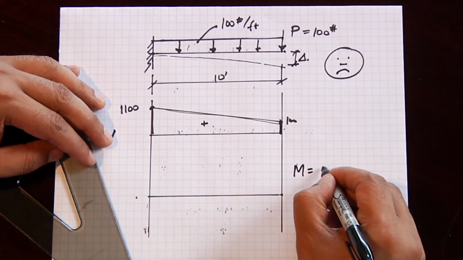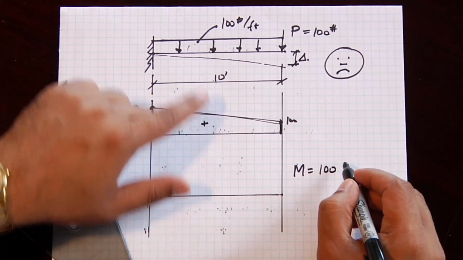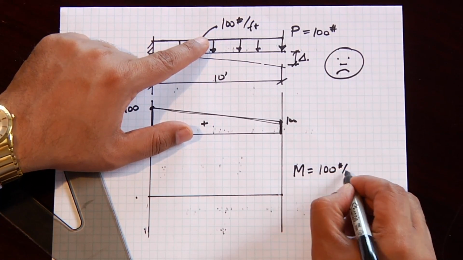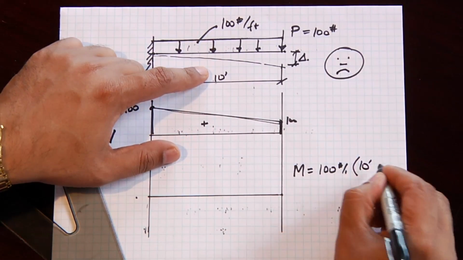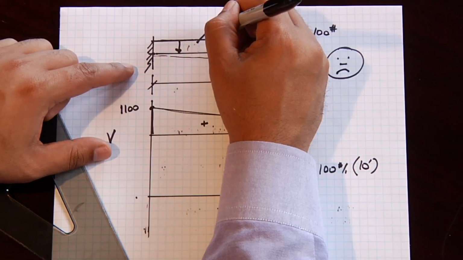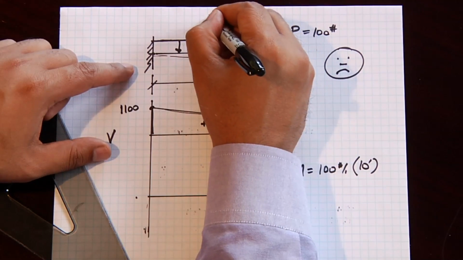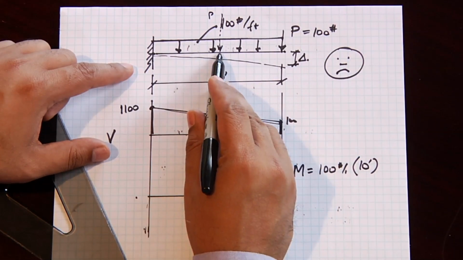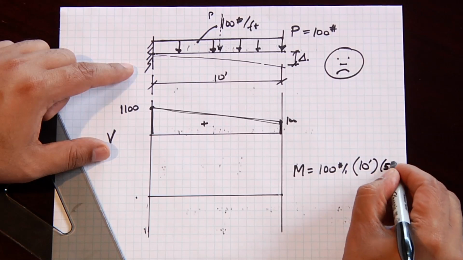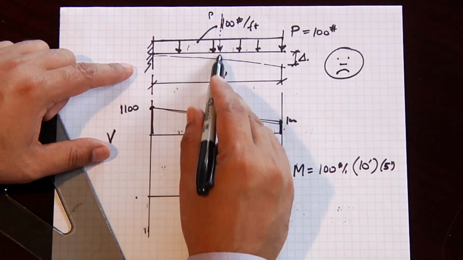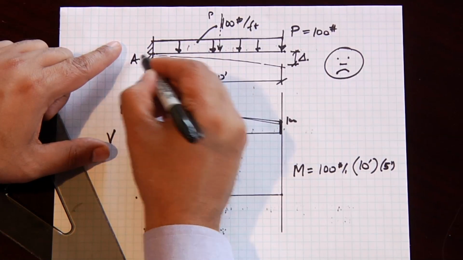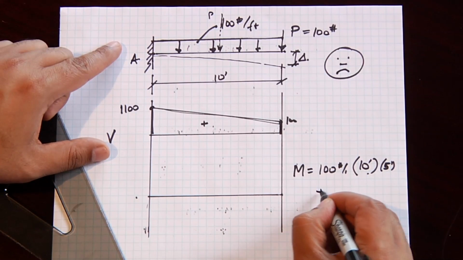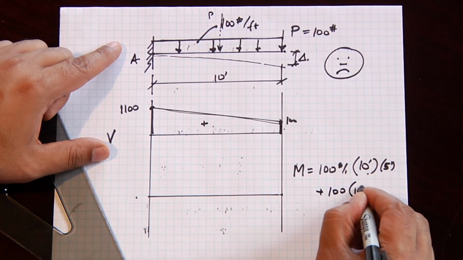That negative moment is 100 pounds per foot, which is this uniform load, times the span, which is 10 feet, which gives us the total load, which should be looked upon as acting at the center of gravity, times the moment arm, which is 5 feet, which is the distance from that uniform load center of gravity to the end point A. That's what this part is, and plus 100 times 10 feet.